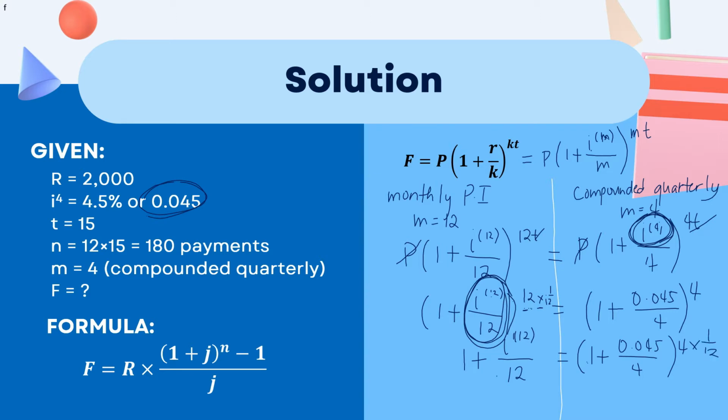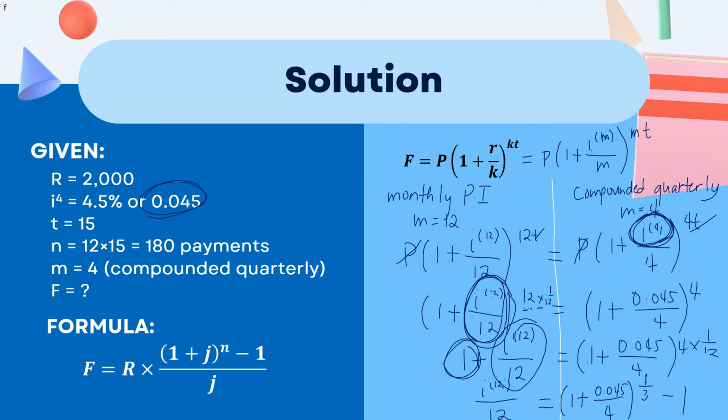Kailangan pa natin gumamit ng addition property of equality para ma-eliminate din yung 1. So, ang matitira na lang dapat ito ay I over 12 is equal to 1 plus 0.045 over 4 raised to 4 times 1 over 12, which is 4 over 12, or in lowest term, that is 1/3, minus 1.